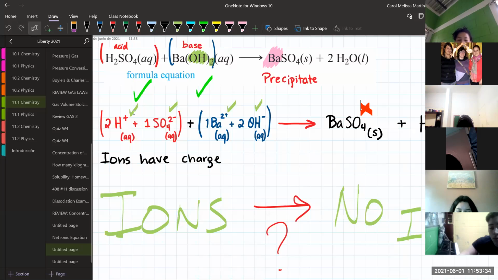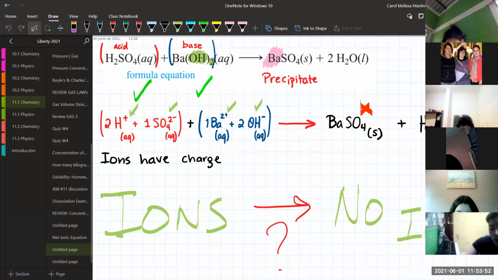The rule says that you are going to eliminate the ions that are on both sides. Because you don't have ions on the right side, you are not going to eliminate anything.